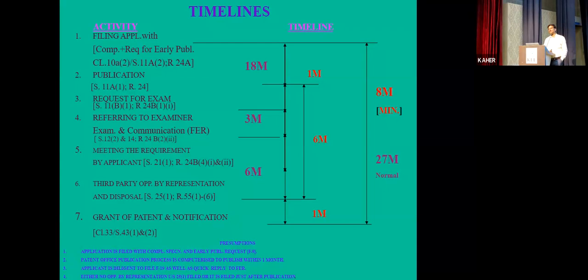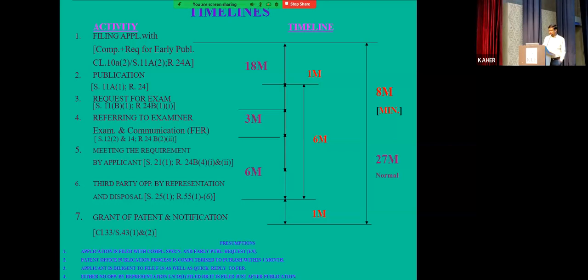Like we book a Tatkal ticket, there is also a Tatkal service from the patent office. Within 8 months you can get a patent. So this is the procedure, timelines, fee and documents required.